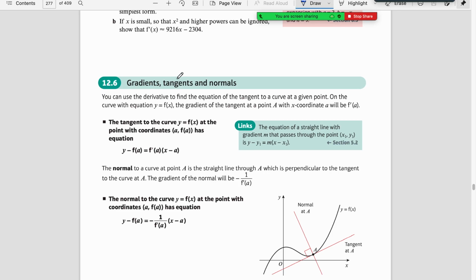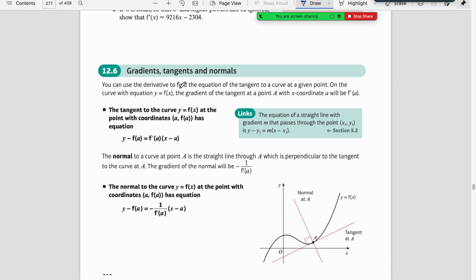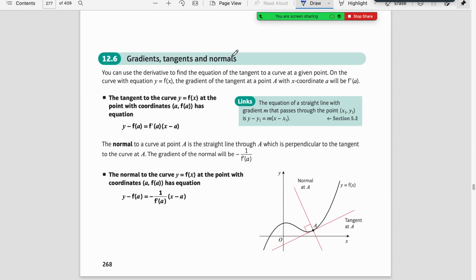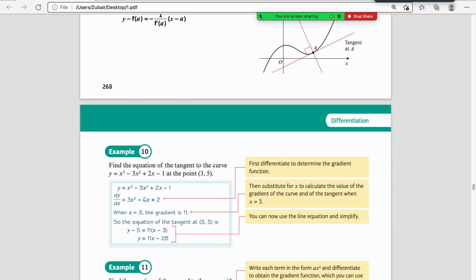Tangent is simple gradient, normal is perpendicular, which you used to do in O levels. m1 into m2 equals minus 1. So when you differentiate, what we just did, every differentiation was basically the tangent. The normal would be m1 into m2 equals minus 1, and depending on the nature of question, the unknowns, we will be solving them.